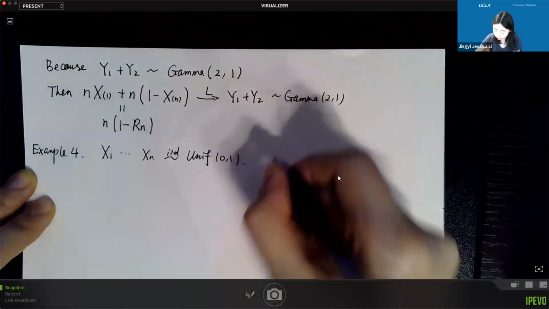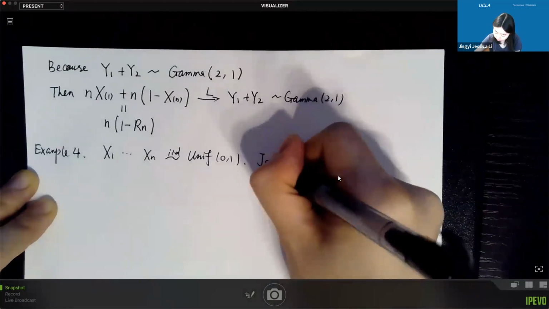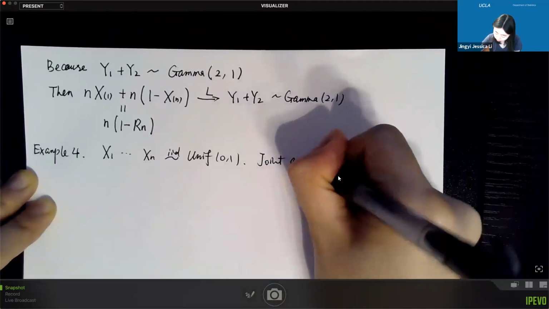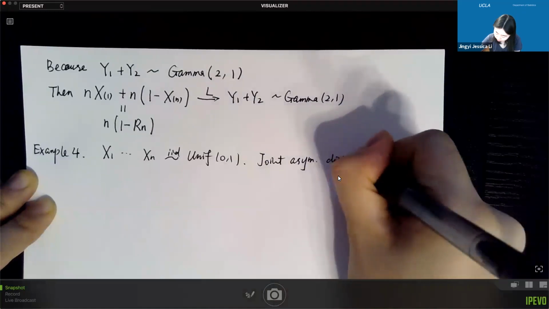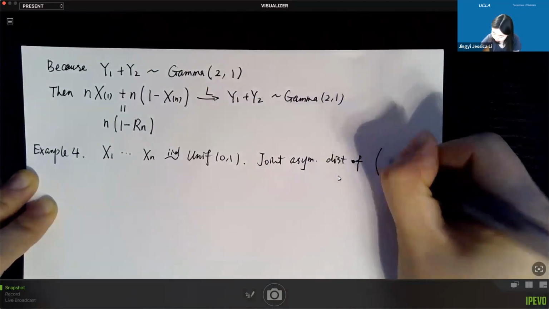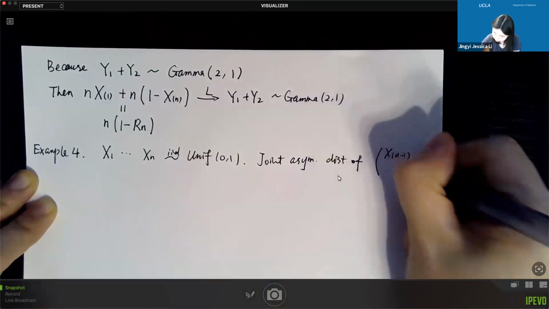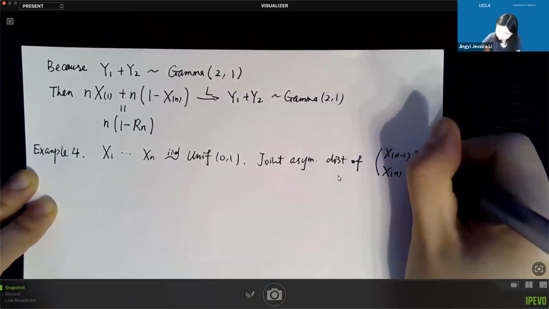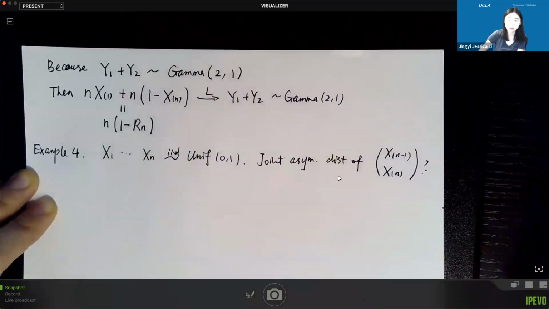And then we're interested in the joint asymptotic distribution of this. It's no longer the two boundaries, but the second maximum and the maximum.